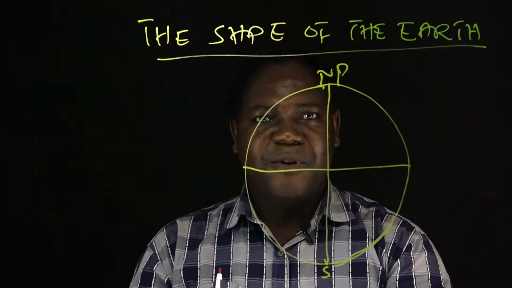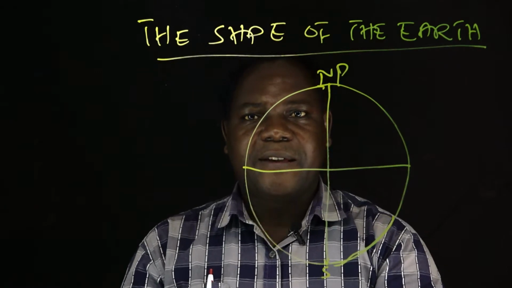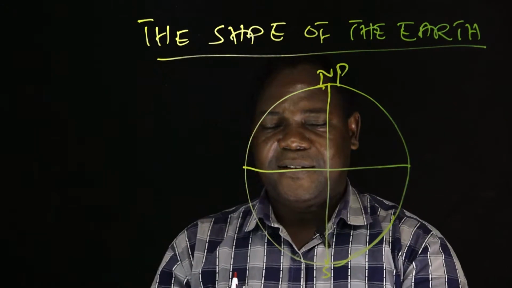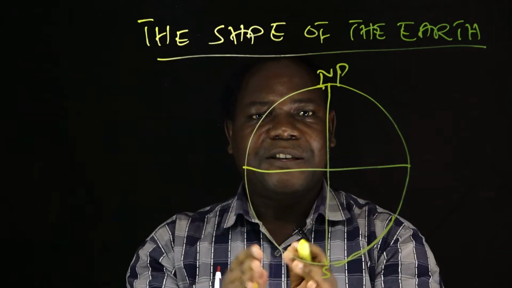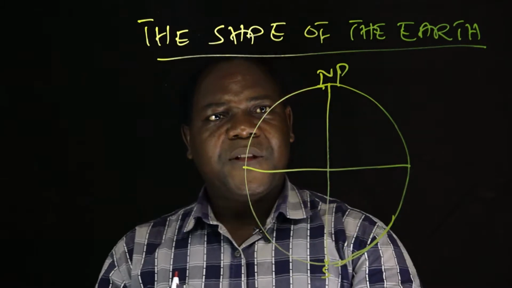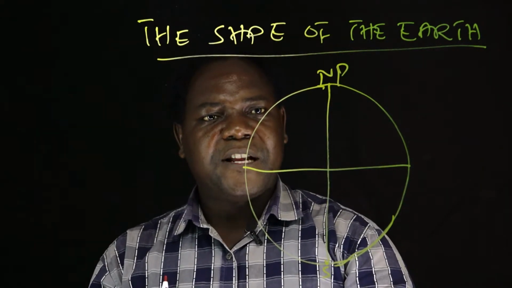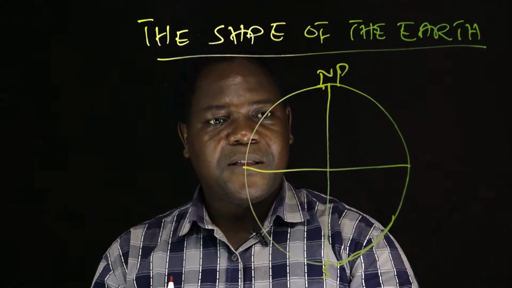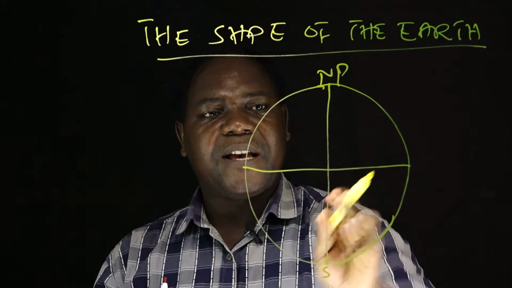Are they the same or are they very different? Some compare the shape of the earth to that of an egg. Now, do all sides equalize or are they different? We will come to see that from north to south, the distance is a little bit further compared to from the other part to the other part.